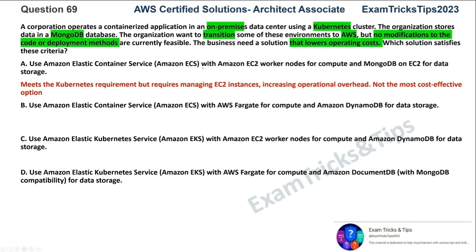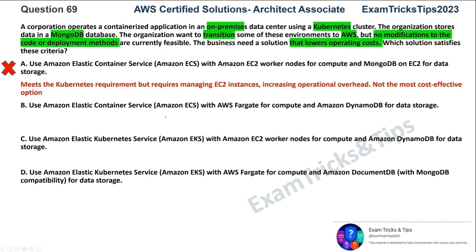The next one, wrong to me, is option B. It says let's use ECS with Fargate for compute and Amazon DynamoDB for data storage. So I think the first part is all right. Usage of ECS with Fargate instances, that's serverless, so that will be good in terms of operational cost.